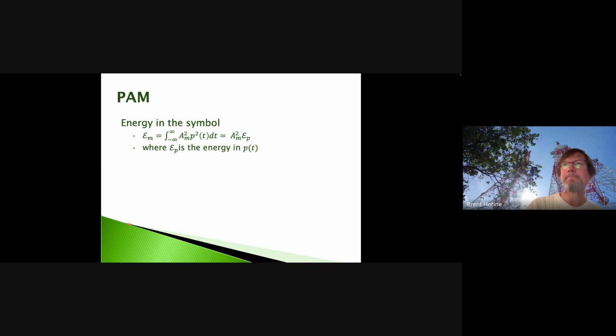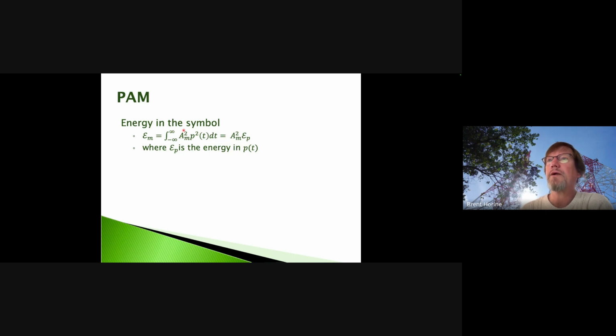But all right, so let's look at the energy in the symbol now. We do that by taking our amplitude and squaring it, and then integrating from minus infinity to plus infinity. Well, we said that this pulse has a period of T, so elsewhere it's going to be 0, right? So this should be finite, right?